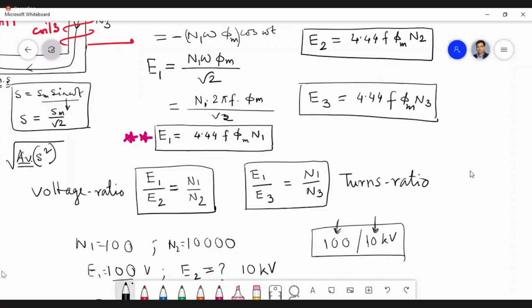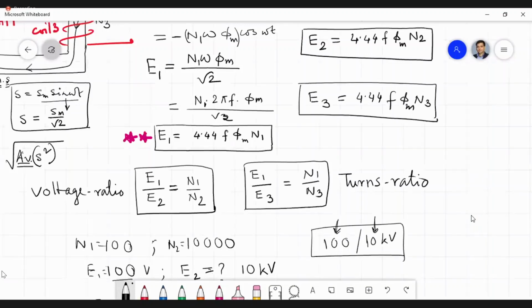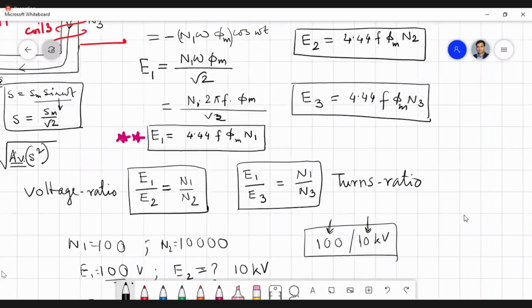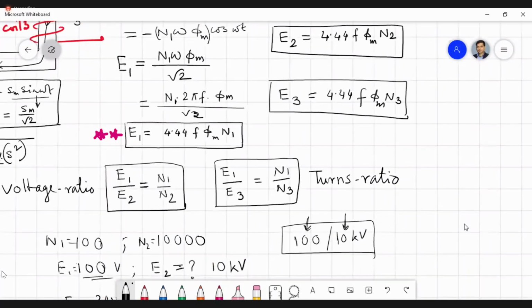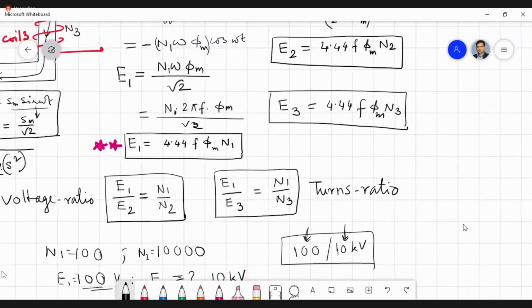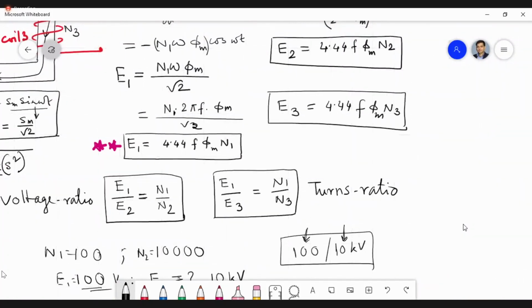Okay, what else? The magnetic flux linkage is the same in both the coils. Okay, flux linkage is the same.